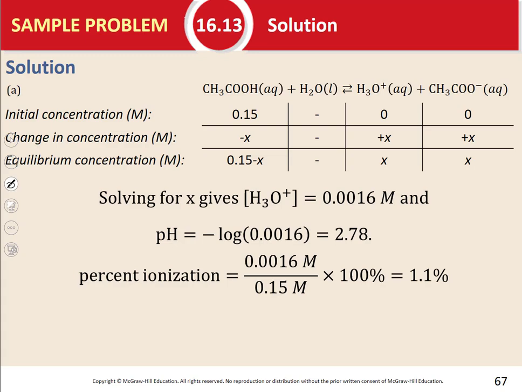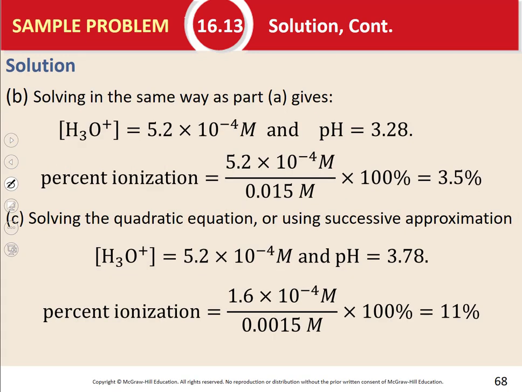Yes, it was a good assumption for the 0.15. We redo the table with 0.015, and we get a percent ionization of 3.5%. Is it still a good assumption? Yes. We redo the table again with 0.0015 molar. Now we get 11% ionization. Still a good assumption? No.